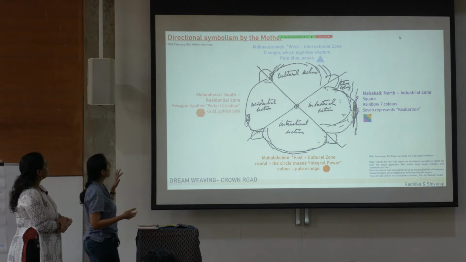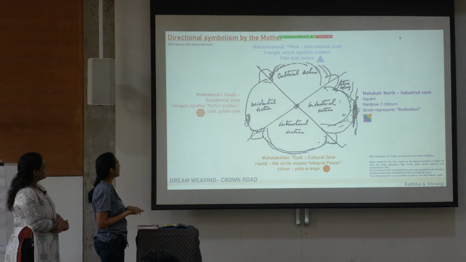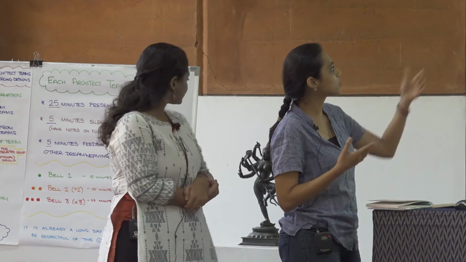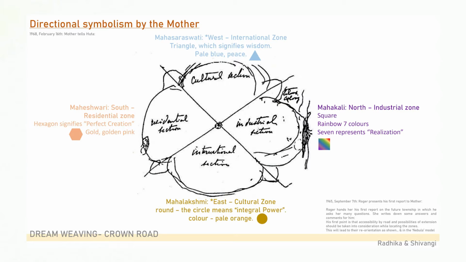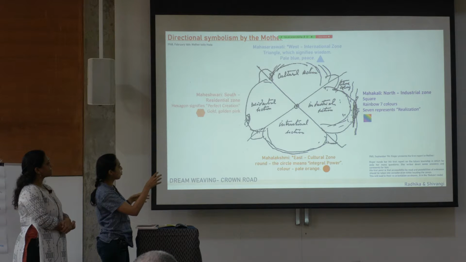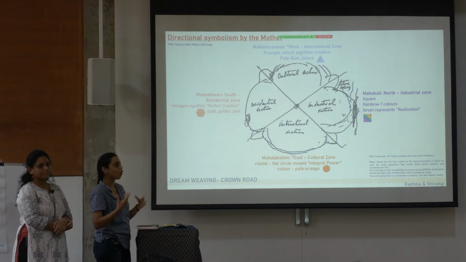So we started going back to the base and studying the vision from the Mother and how Roger took it. This was the first sketch, and the initial idea was to have the industrial zone towards the east, towards the sea, with 4 industrial zones. But then when Roger came back in 1965 with his first report after many studies, he gave some pointers, and one of the first was to relocate the zones for accessibility and possibilities of extension.